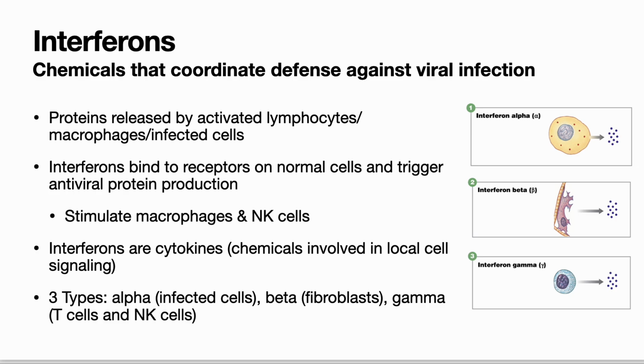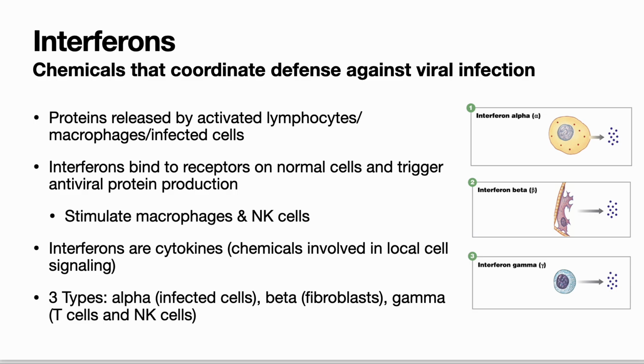Number one, if one cell is infected with a virus, we want to let macrophages and NK cells know that, right? We want them on the lookout for abnormal cells that are infected with a virus. But we also want to protect our friend cells that live nearby. So if I'm a cell in the nose and I just picked up a cold virus, I want to protect my friends, my nearby cells.